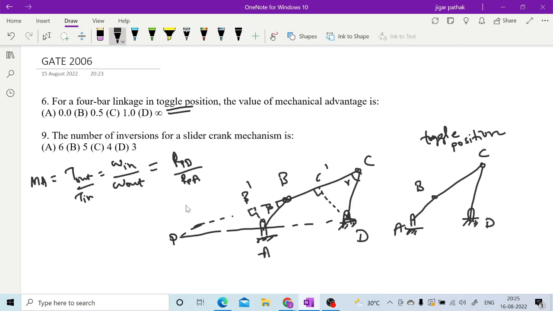We will discuss instantaneous center method in detail, right? So here this r_PD upon r_PA, this is the distance PD over here, and there is the distance PA over here.